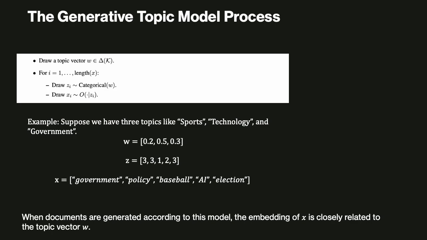Then W is a sampled probability vector, where with probability 20% we'll have sports, and so on. As you can see, X corresponds to the actual category assigned in Z. And the claim is that when documents are generated according to this model, the embedding that we described before of X is closely related to the topic vector W.